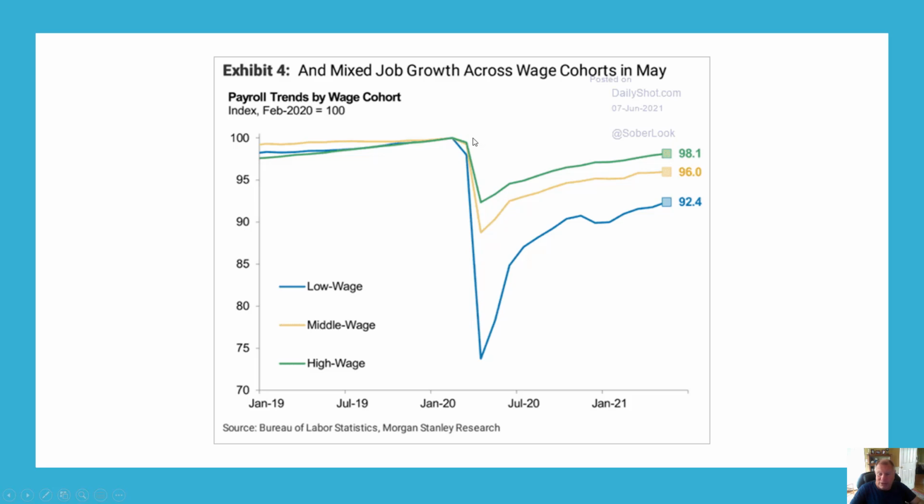But those in the low income have dropped off much more so than those in middle wage and high wage earners at 98%. So the job growth is really happening more for those that are in the high wage group.